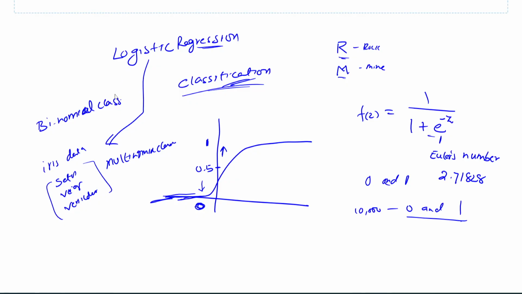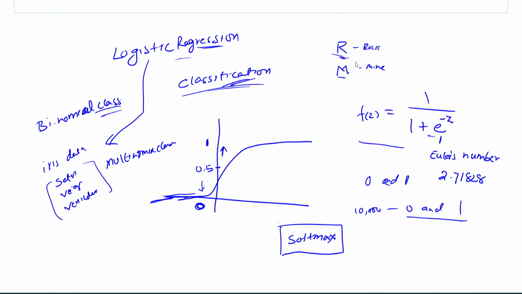When we use logistic regression for multinomial classification, the sigmoid function becomes what's called a softmax function, which derives the probabilities of each class. Discussing the softmax function can be another video, but in this video we are only concentrating on logistic regression and binomial classification.